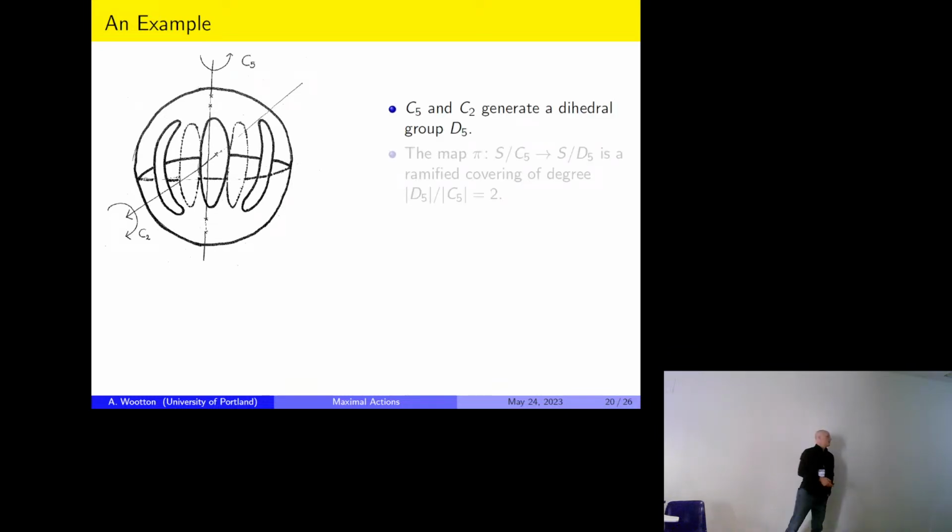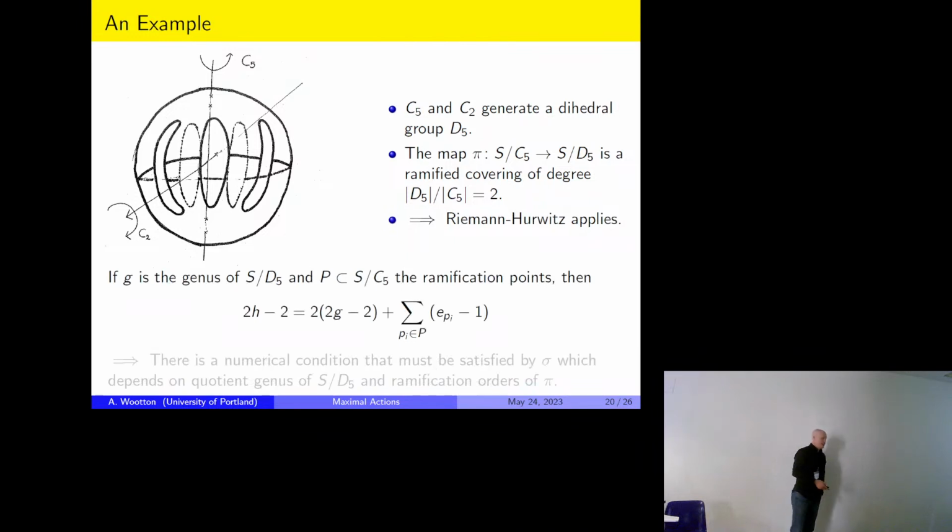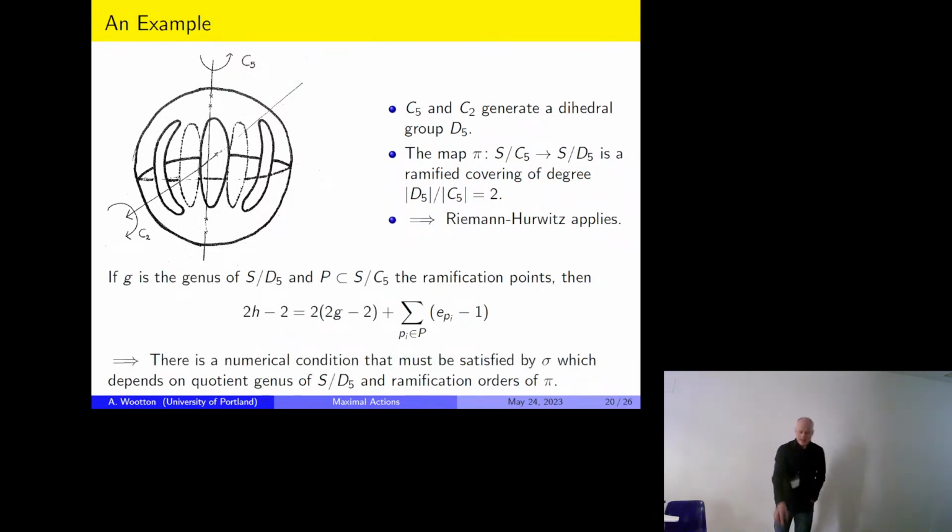The second thing we know is if there's a larger group of automorphisms, then we're going to have some form of Riemann-Hurwitz relationship between the corresponding quotient spaces. So the point being is that there's going to be some further numerical condition that's going to be applied. So the point of these two slides is the following.